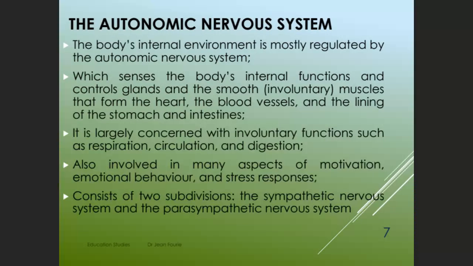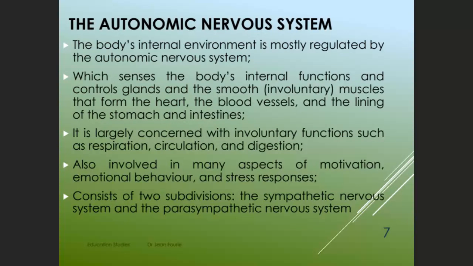The peripheral nervous system has the autonomic nervous system, and this is all the internal environments of our body. This has got to do with your glands and the organs inside your body, heart and lungs, your stomach, intestines.